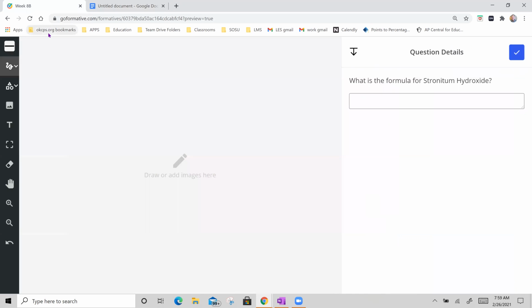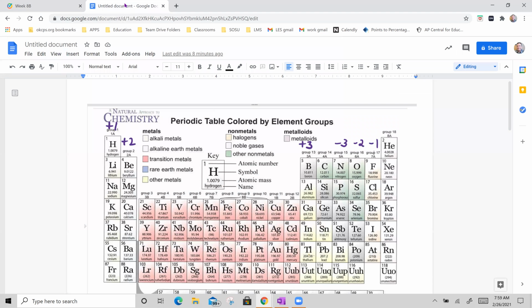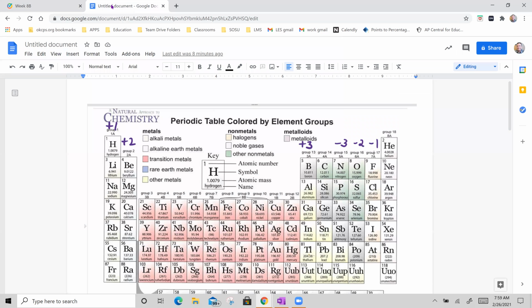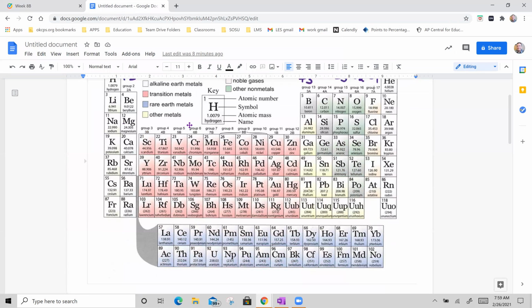If you want to type, you're more than welcome to type. I'm going to use the scribble feature in this lesson. So we have strontium, and it has a +2 charge. And then the next thing we have is hydroxide. A lot of people think that hydroxide is hydrogen. That is not true.